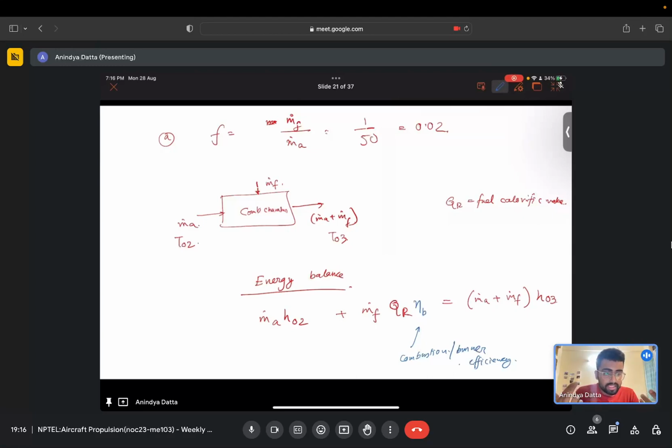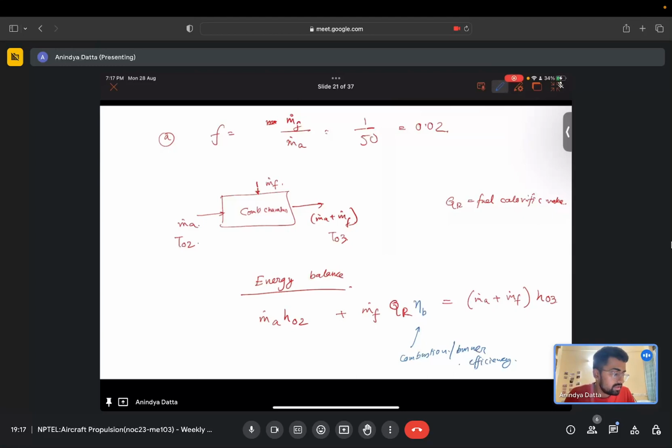But actually there are some heat losses, incomplete combustion, and all those things. So there is some heat that gets lost. We don't get exactly m dot f times QR amount. To account for what happens in a real combustor, we introduce this combustor or burner efficiency, which is less than 1.